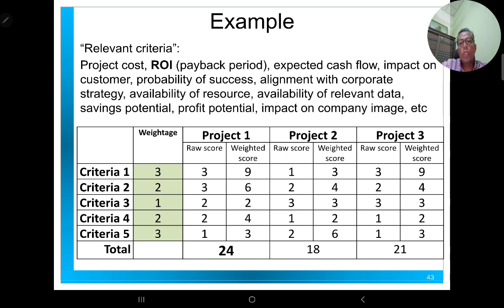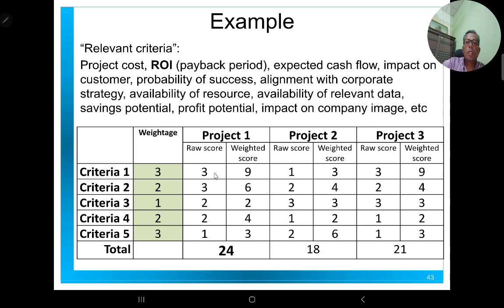When you do the evaluation, you will give a score for each criterion. For example, for project 1, criteria 1 can be profit, it can be cost.